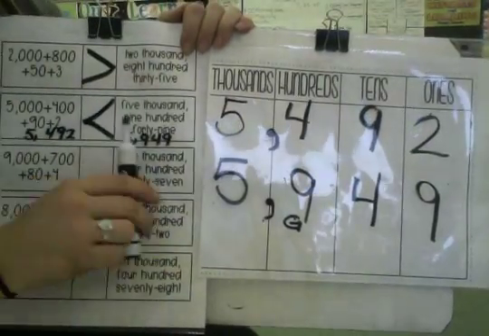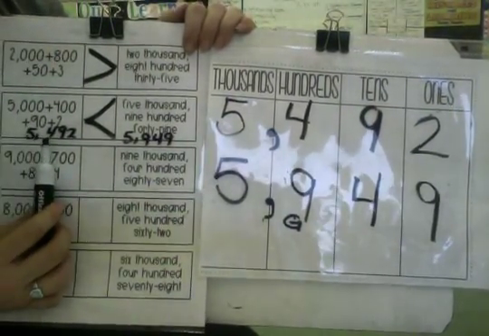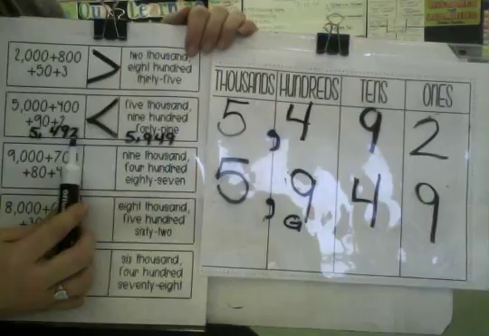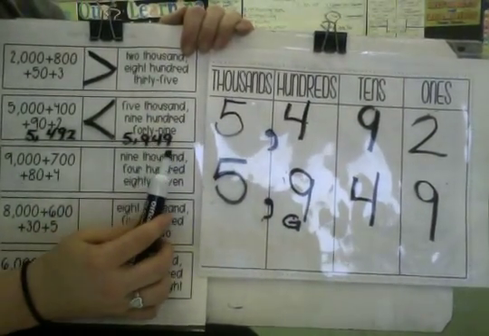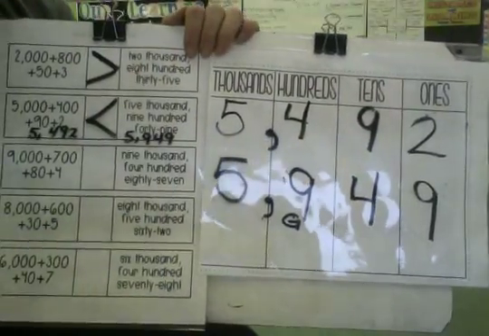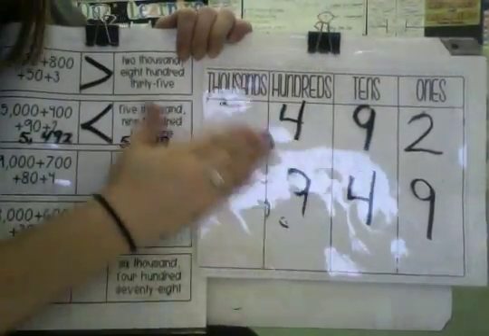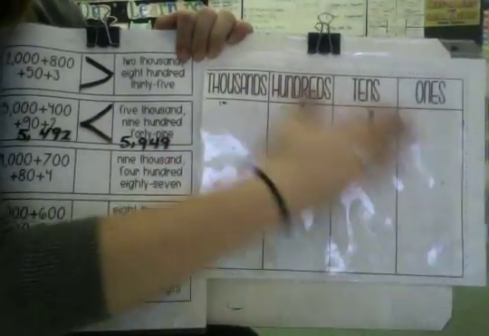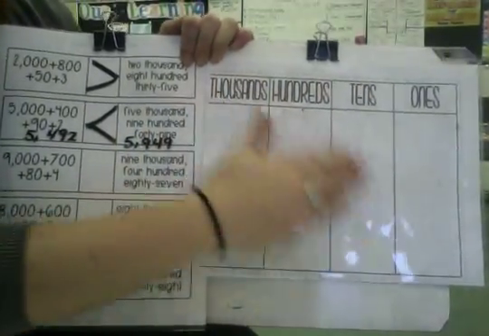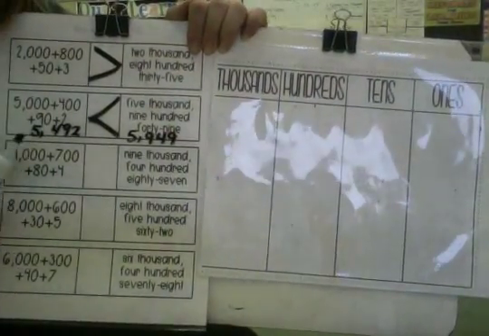Now let's read from left to right. 5,492 is less than 5,949. Let's go ahead and erase our templates again, please. And let's do the next example. Let's take a look at that expanded form.